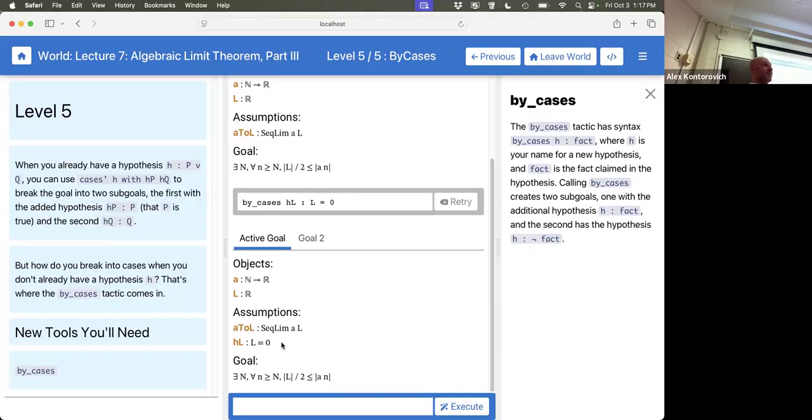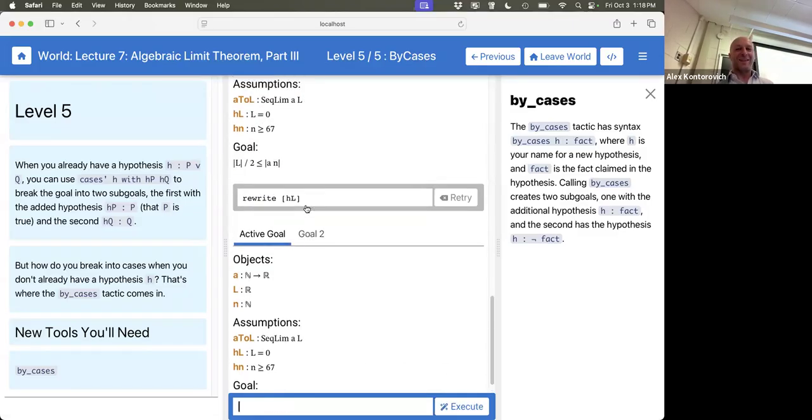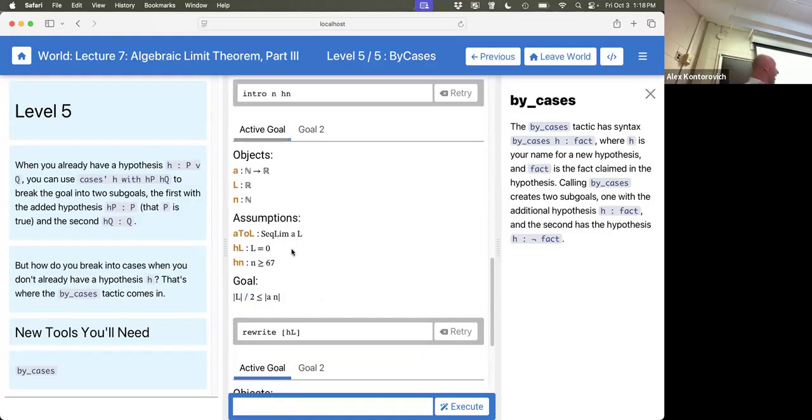Okay. So this is the case that L is equal to 0. How are we going to prove this theorem? For any value of n, we're trying to show that the absolute value of a n is greater than or equal to 0. So there's nothing to do. Use 42 or something, 67, and then intro n h n.